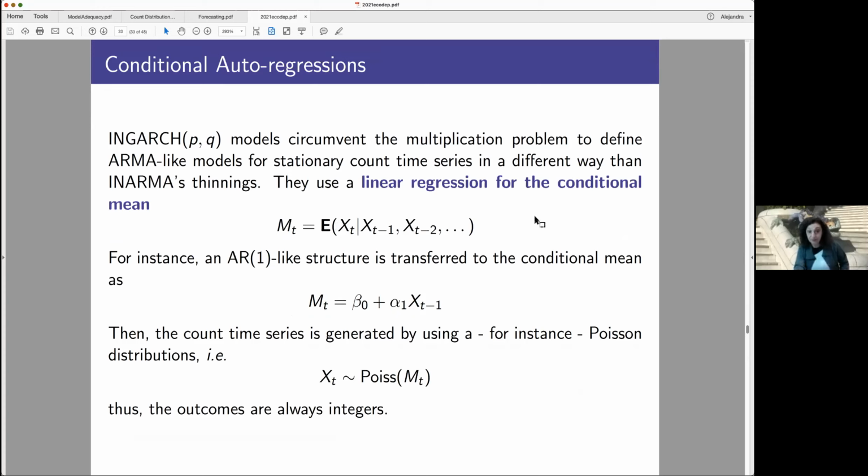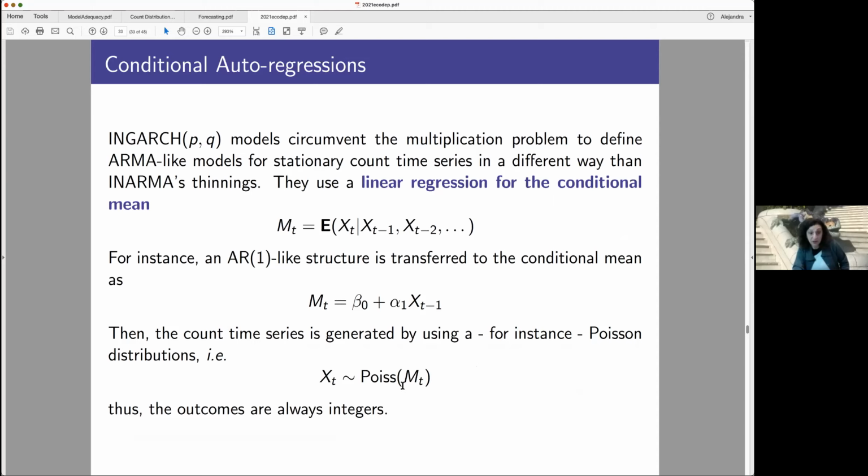For instance, an autoregressive of order 1 in this world would say that the conditional mean at time t is beta_0 plus alpha times X_{t-1}, and the count time series is then generated by using a Poisson random variable with that mean, or a negative binomial, where n times p over 1 minus p has to be adequately defined.